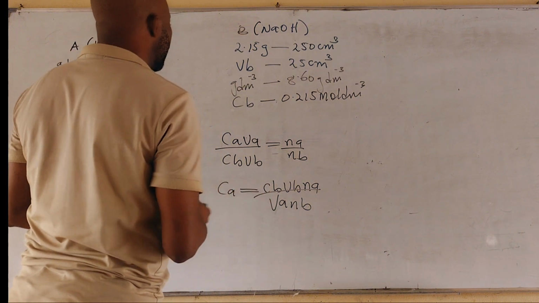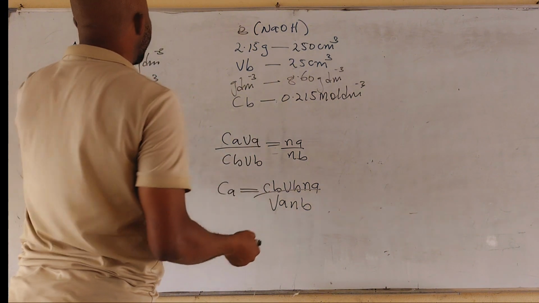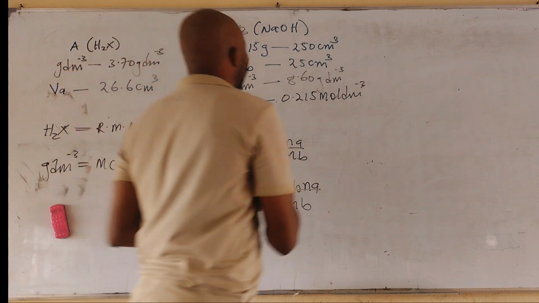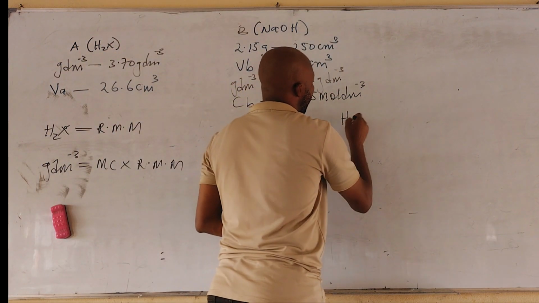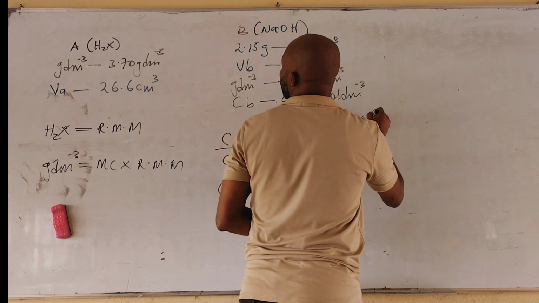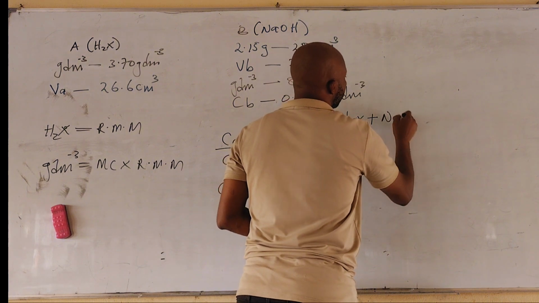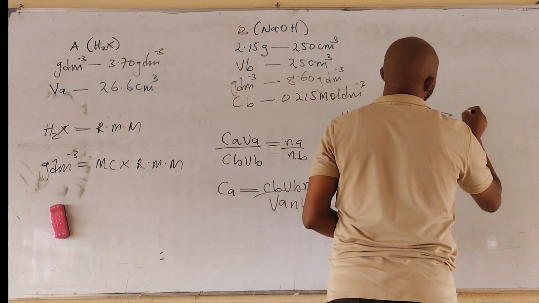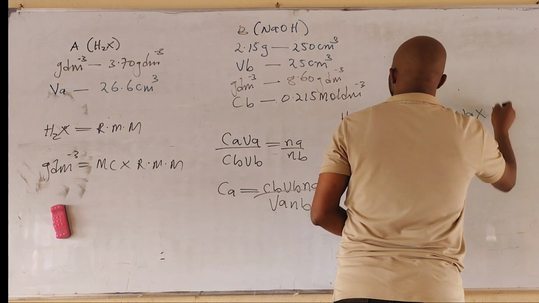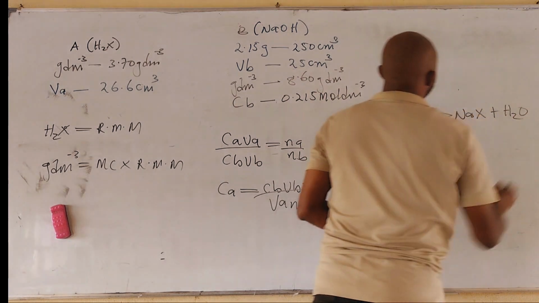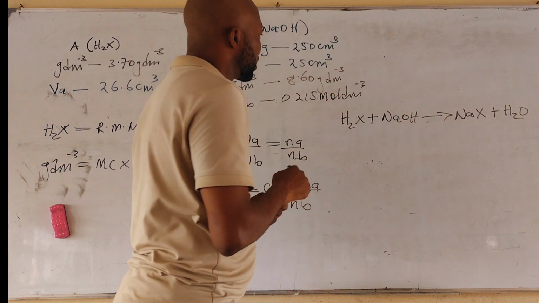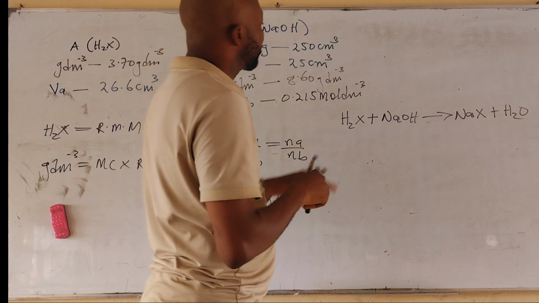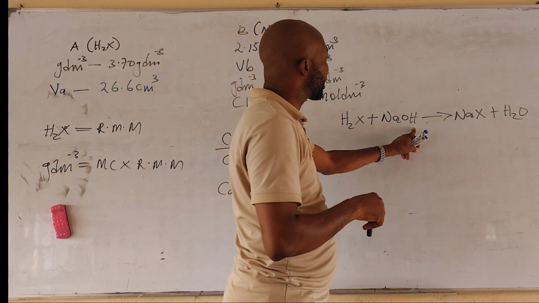But then, what is the number of moles of acid and number of moles of base? It means the equation of reaction must be balanced. So I come back here, I have H2X plus sodium hydroxide. This will give me sodium X plus water. Now, let's check if it is balanced. If it is not, we balance it. We have 2 hydrogen here plus 1 hydrogen, that's 3.